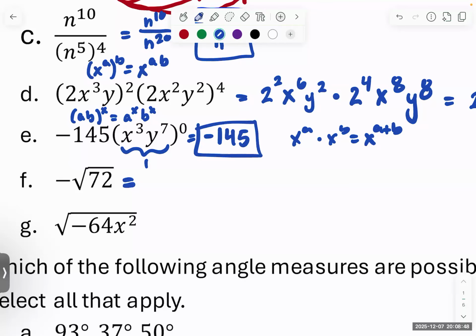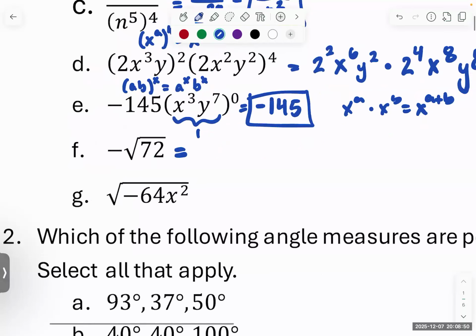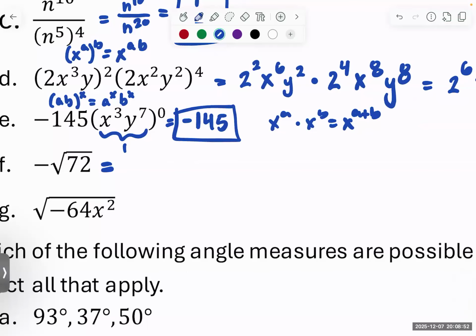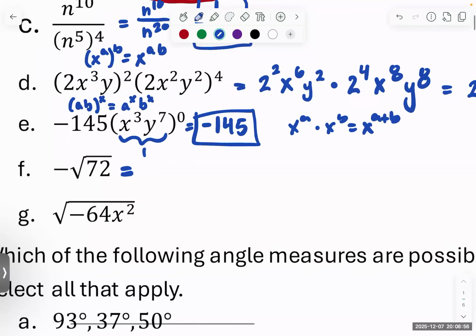And this right here, you need to simplify this radical. So think about what is a factor of 72 that's a perfect square, and that's 36.